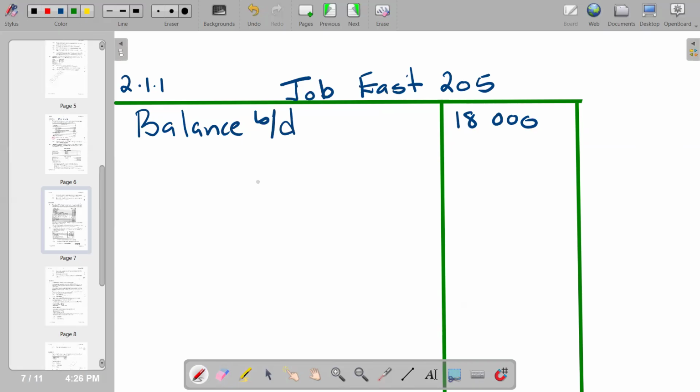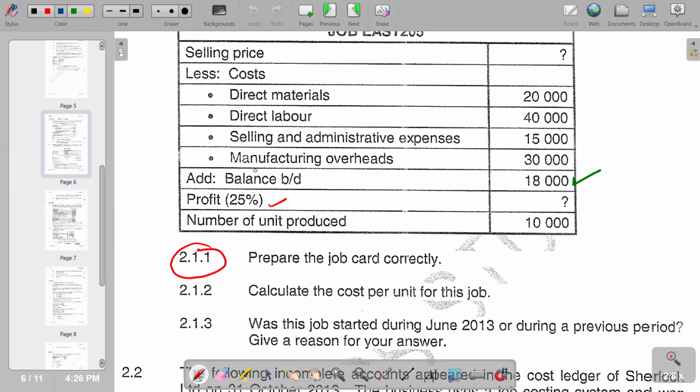And then after that, we are supposed to add the direct costs. So we can start with the direct materials. We refer back to the information given to check the amount of direct materials, which is given as 20,000.